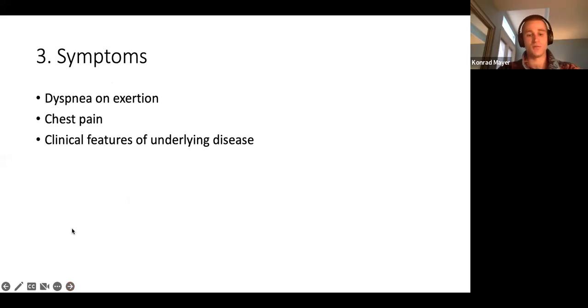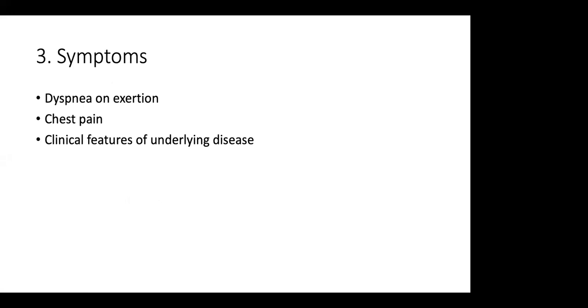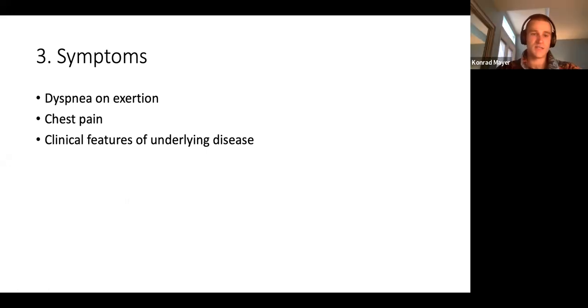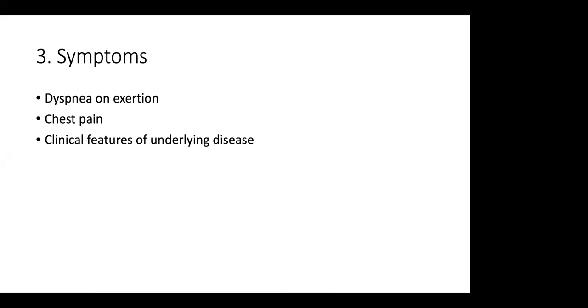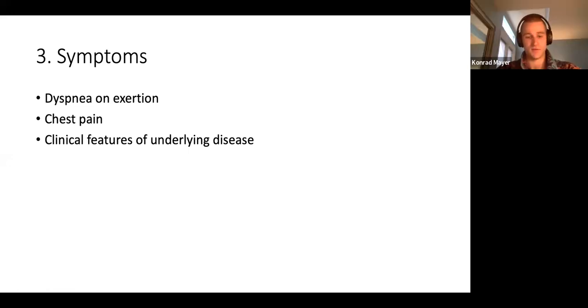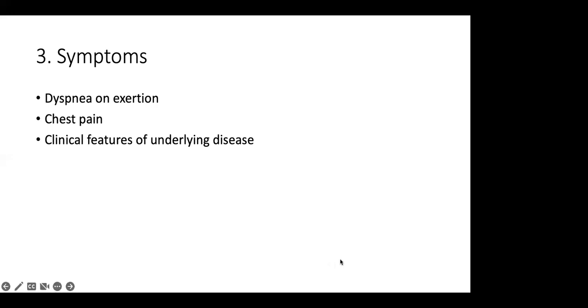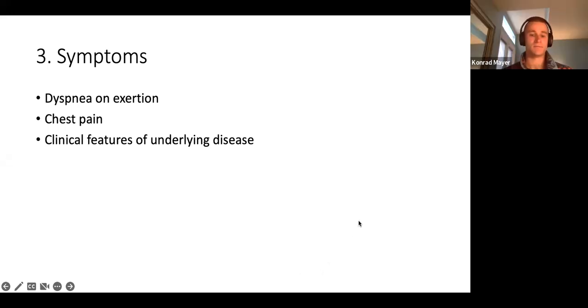So the patient with pulmonary hypertension that comes to the clinic or to the office presents with dyspnea, chest pain that is not relieved by nitrate, for example, if you had acute coronary syndrome. And as I mentioned, a big part of pulmonary hypertension is all these other underlying diseases that cause pulmonary hypertension, and they have various clinical features.